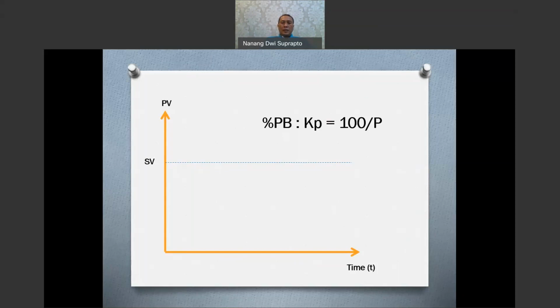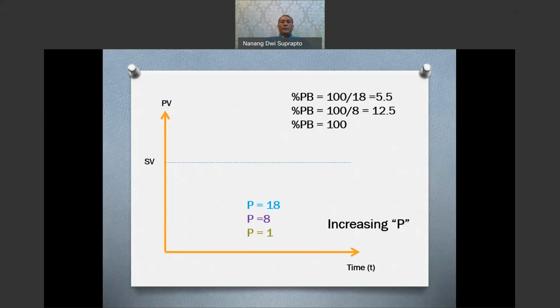You can see here the performance of proportional control. Now, we're trying to increase P, with P at 18, then 8, and then P set to 1. How's the response?